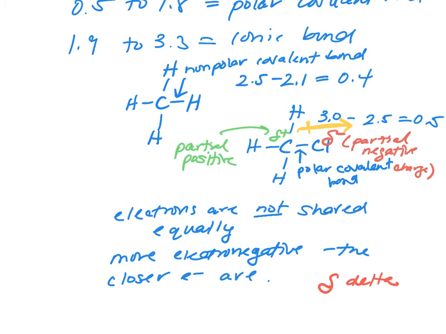This charge separation creates what is known as a dipole, where you have a partial positive and a partial negative. This is going to be important when we look at intermolecular attractions and the shape molecules take.